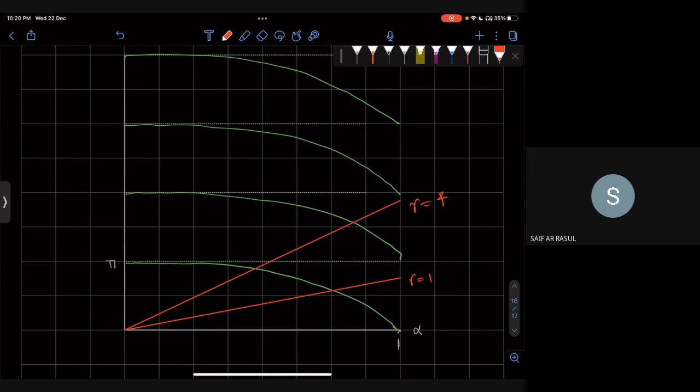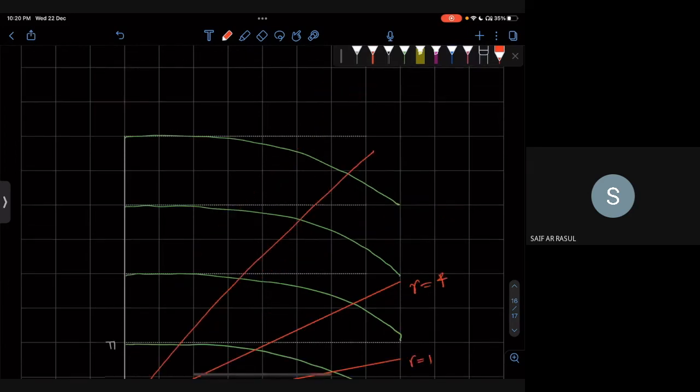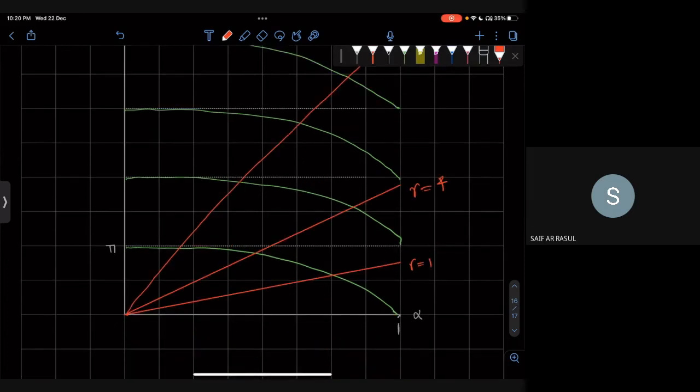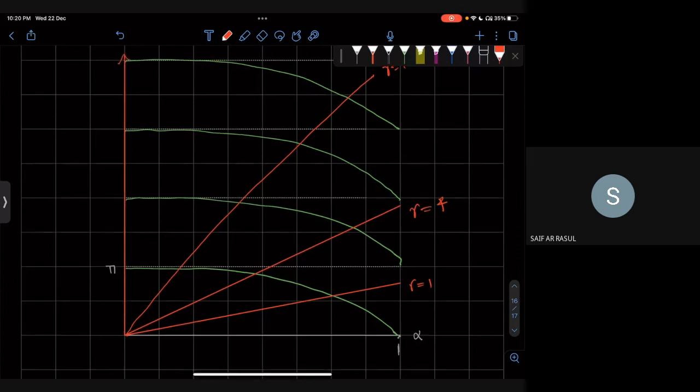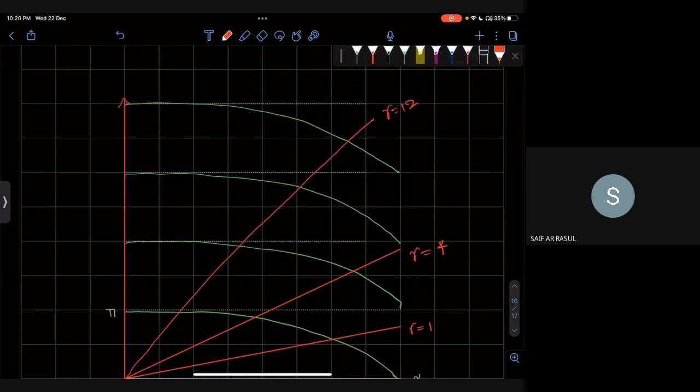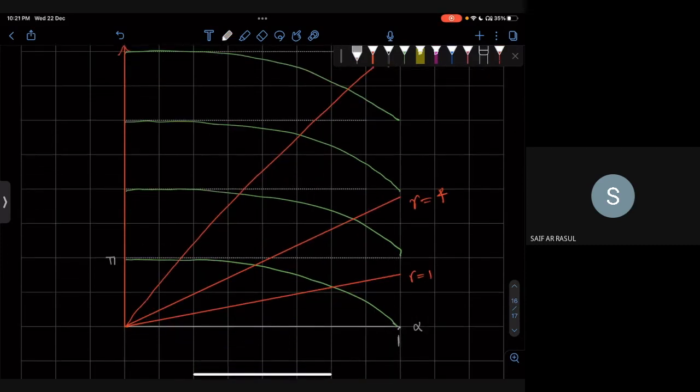And then this rapidly increases. For gamma 12, it goes something like this. And for gamma infinity, it'll just go in that direction. Okay. So what are the solutions? The energy eigenvalues are going to be given by these intersections.